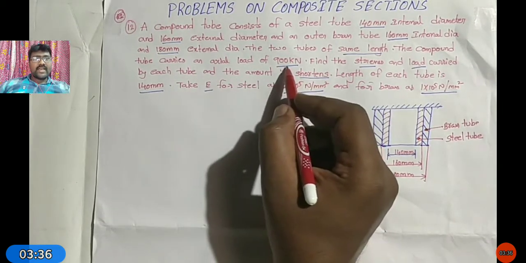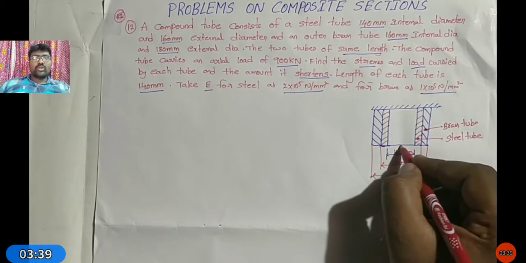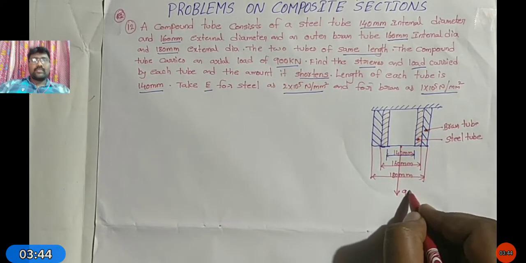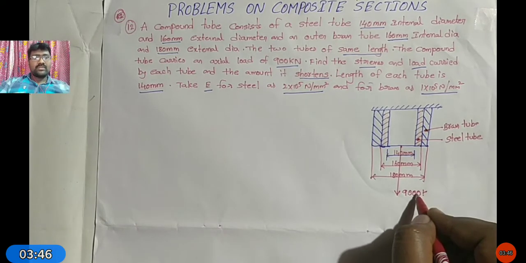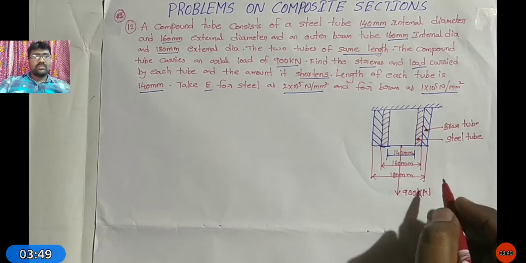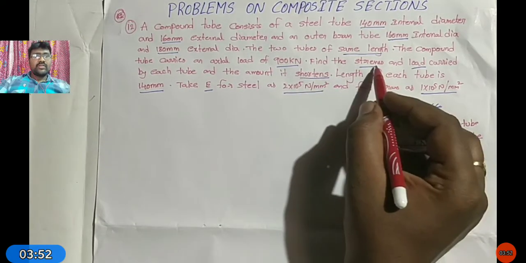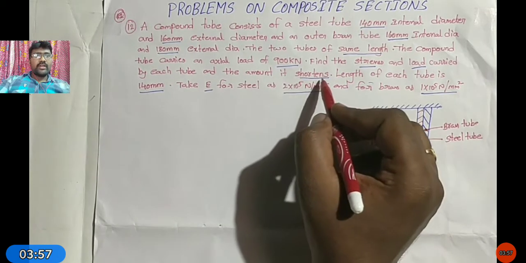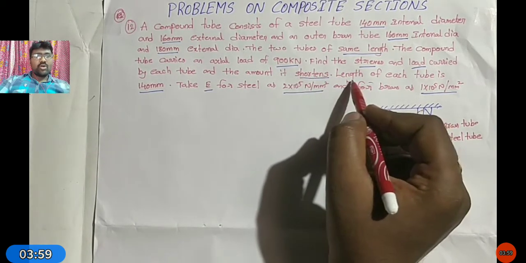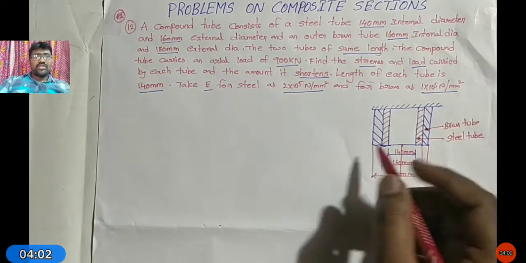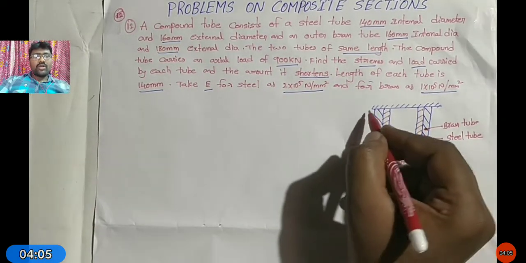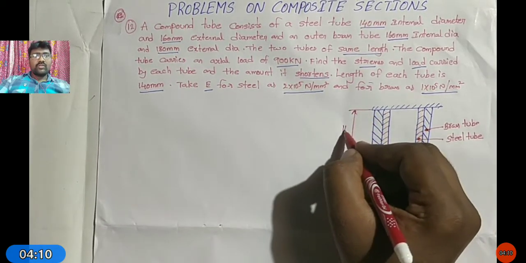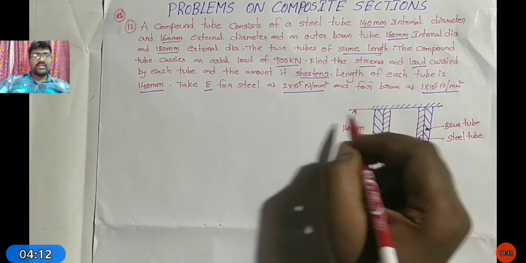The tube carries an axial load of 900 kilonewtons. Next, we need to find out the stresses and load carried by each tube and the amount it shortens. The length of each tube is given as 140 millimeters.